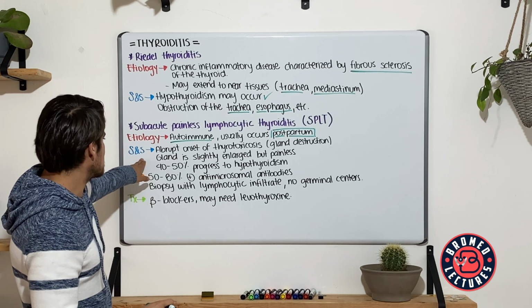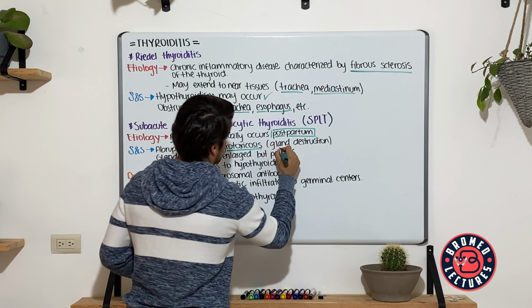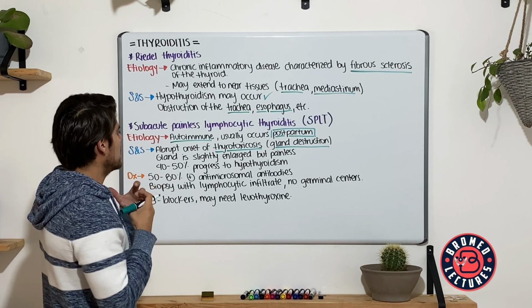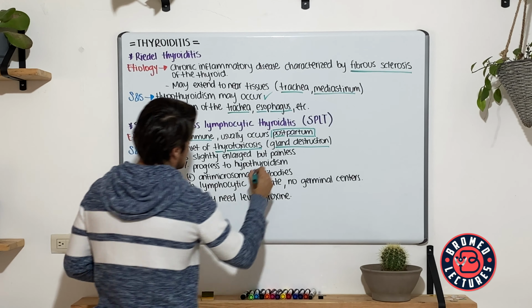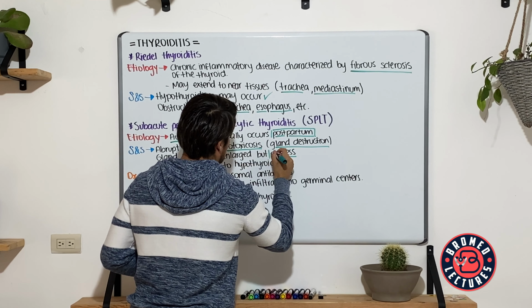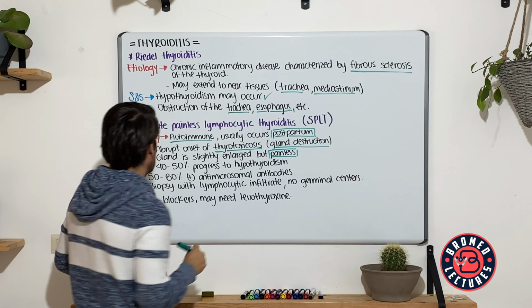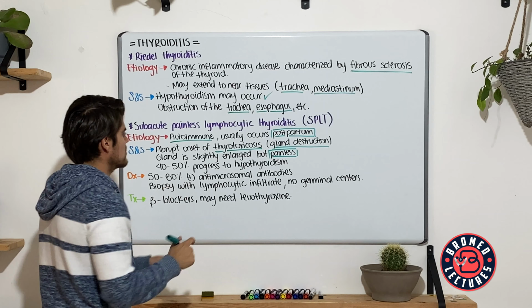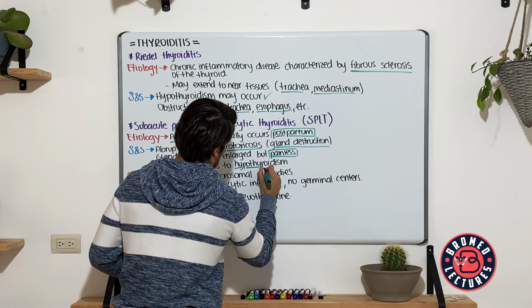And now for the signs and symptoms, there's an abrupt onset of thyrotoxicosis usually, and this is due to gland destruction, okay? The gland is slightly enlarged, but it is painless. Keep this in mind. And 40 to 50%, almost half of the patients progress to hypothyroidism, okay?